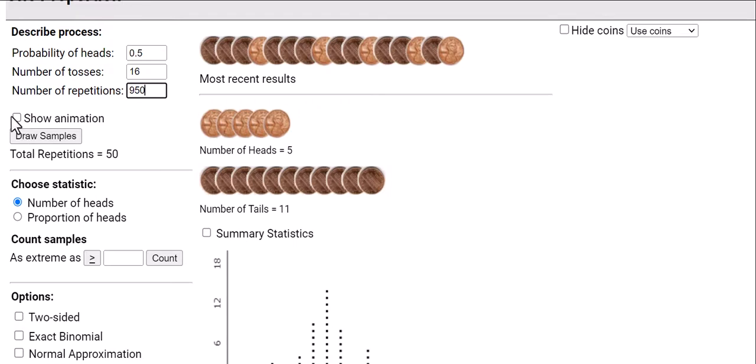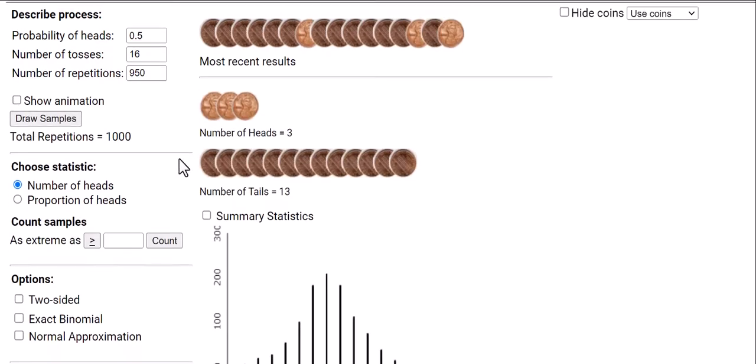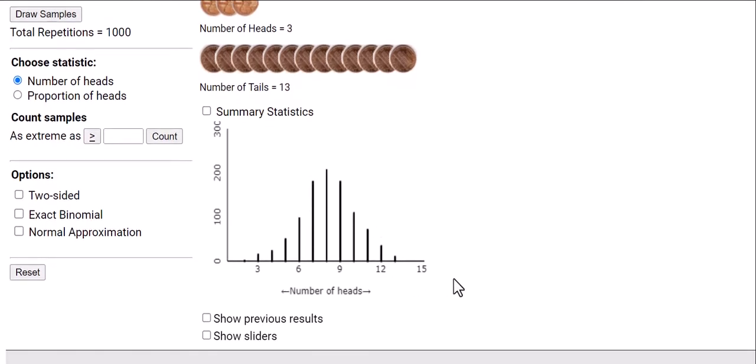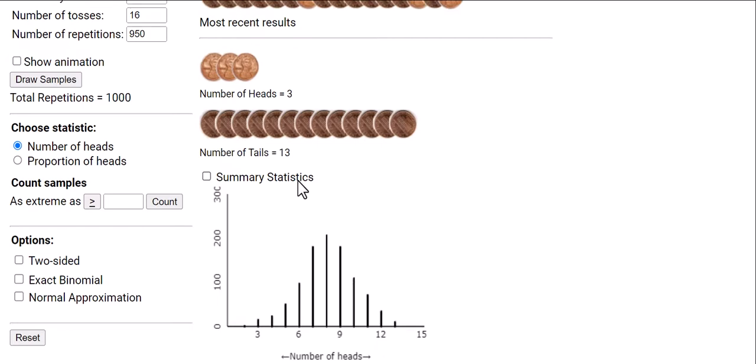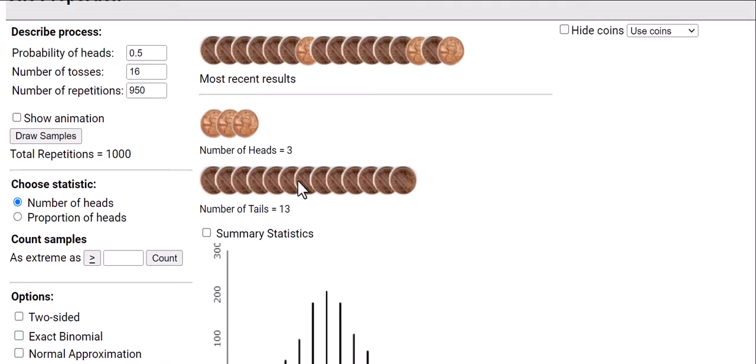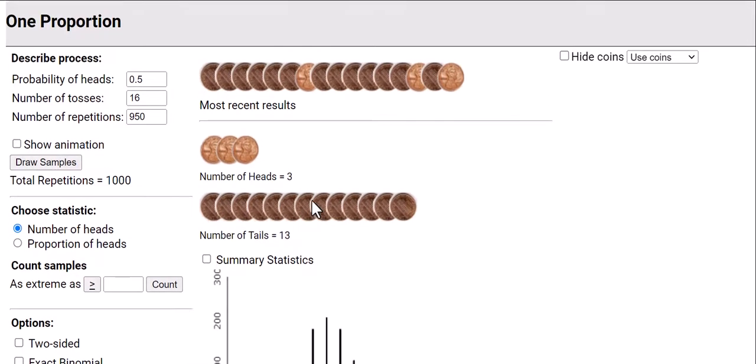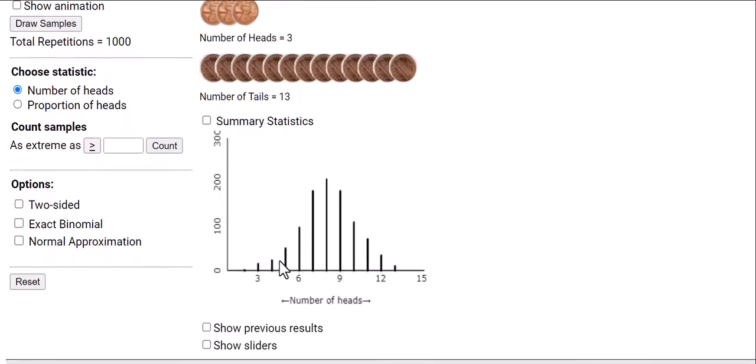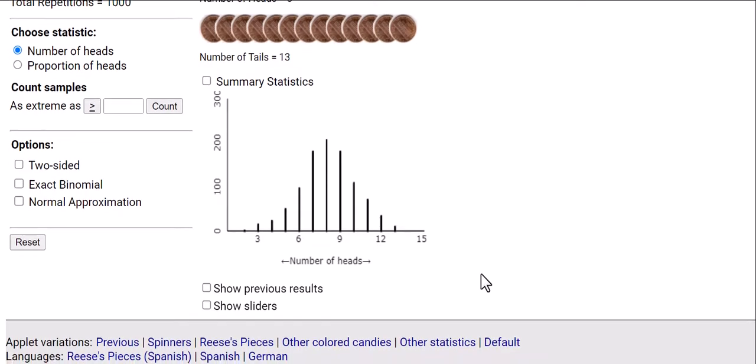So make sure that your show animation is unclicked and then hit draw samples. And here they are. So now this is 1,000 repetitions of the 16 coins being flipped. And now notice that this is really nice and bell-shaped, centered at 8, and so this is our probability distribution.